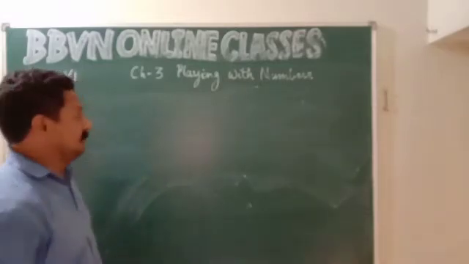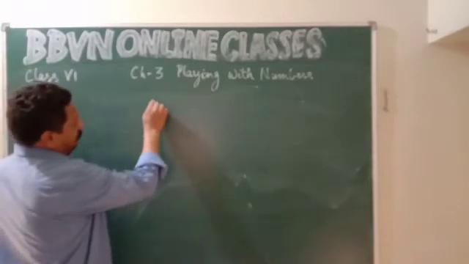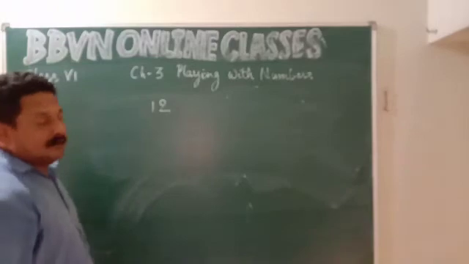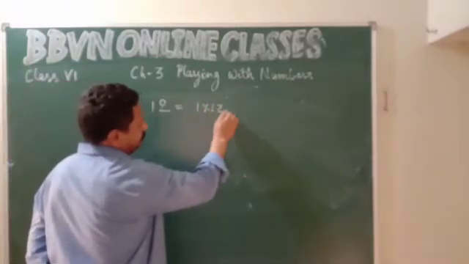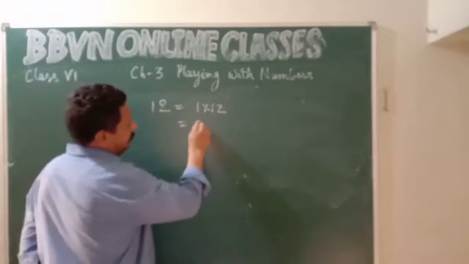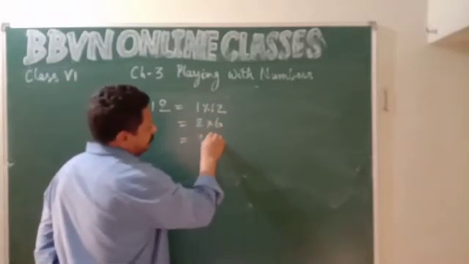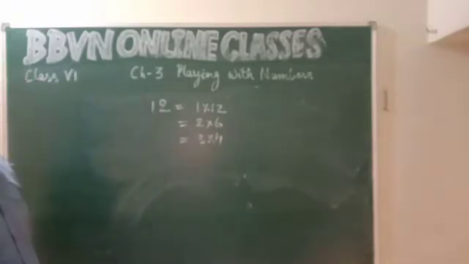See, children, let us consider a number 12. How can I write this 12? It can be written as 1 into 12. It can be written as 2 into 6. It can be written as 3 into 4. There is no other way that I can write 12.